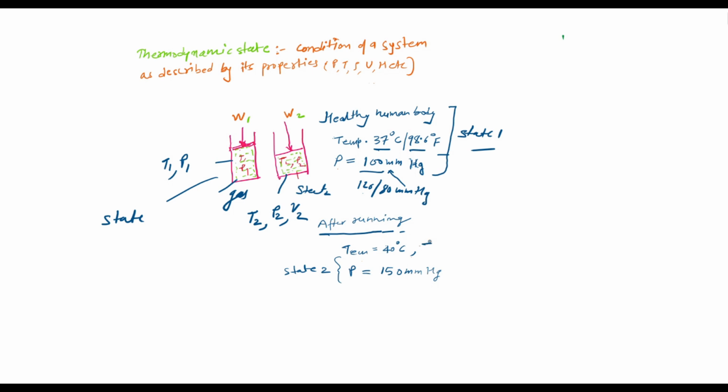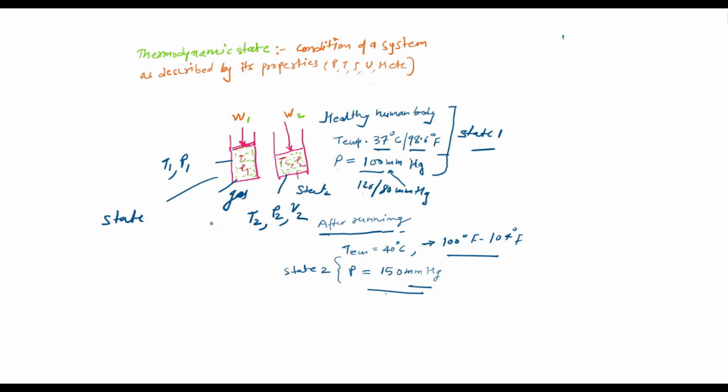In state 2, its temperature may vary from 100 degrees Fahrenheit up to 104 degrees Fahrenheit, and its pressure also varies. For example, let's say it is 150 mm Hg. Hg means mercury. This is state 2.